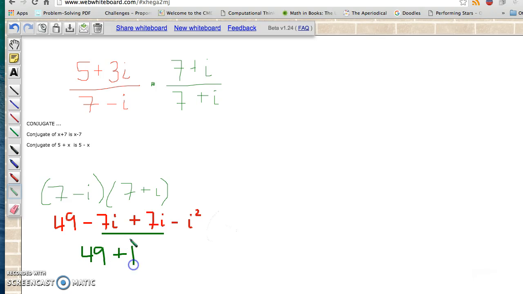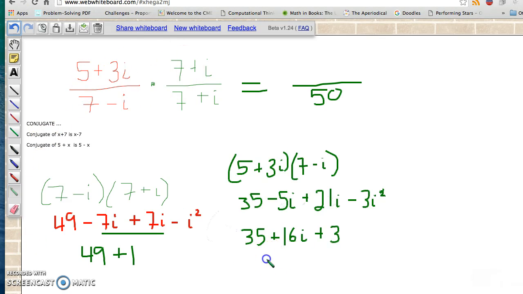So the trick is you multiply the denominator by its conjugate, and you get a whole number, like 50. The only pain is that then you have to multiply the top also. That's a lot of work, but you get 38 plus 16i, and then you take the 50 out of both.